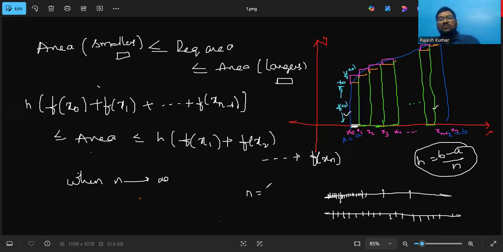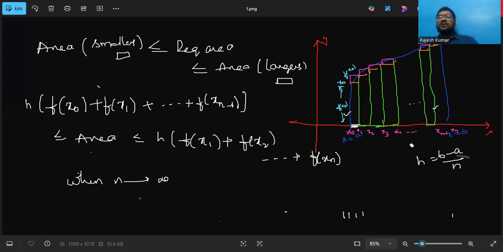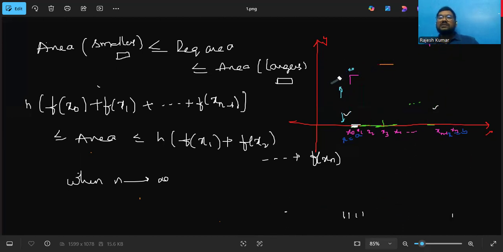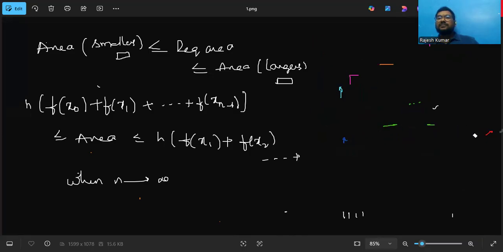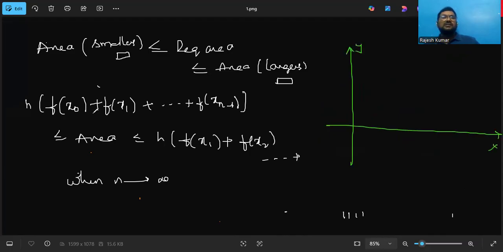When n is equal to 5, this is the width, suppose. When n is equal to 10, this is the width. When n is equal to 100, definitely this is the width. That means the width is tending to 0. So the same concept when I am applying on my graph, let it be x-axis and y-axis.